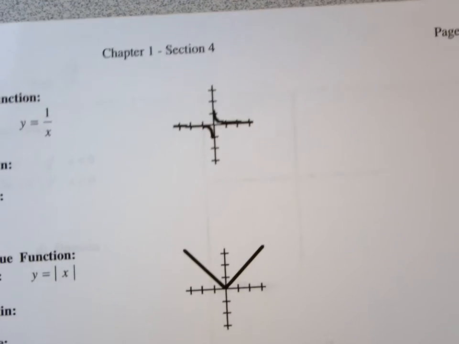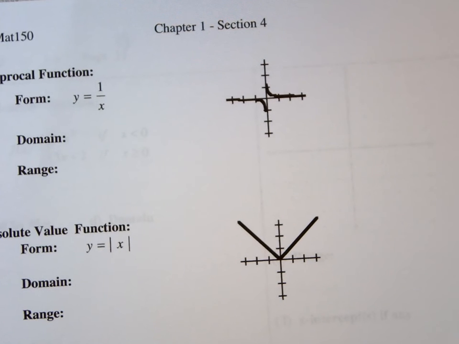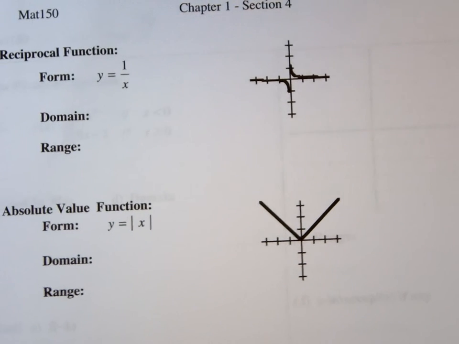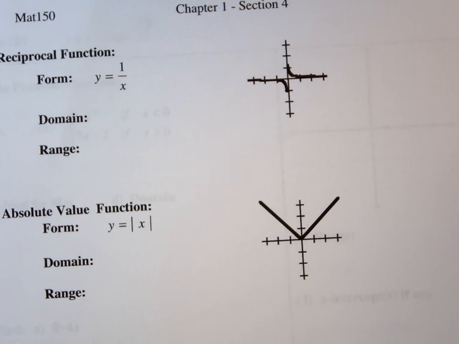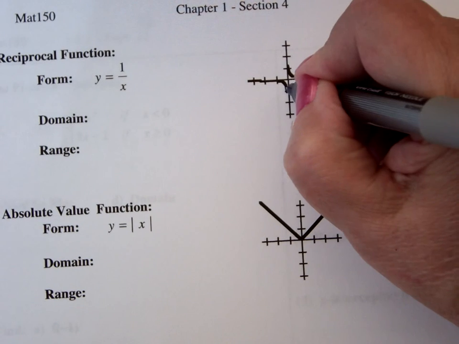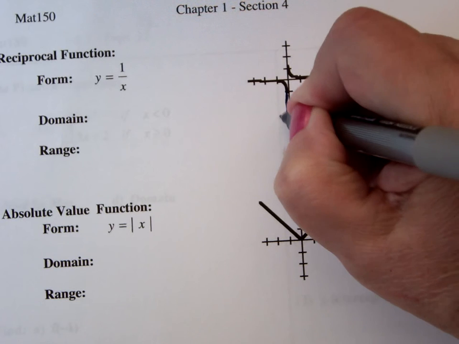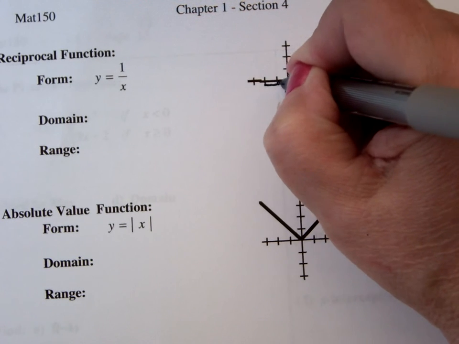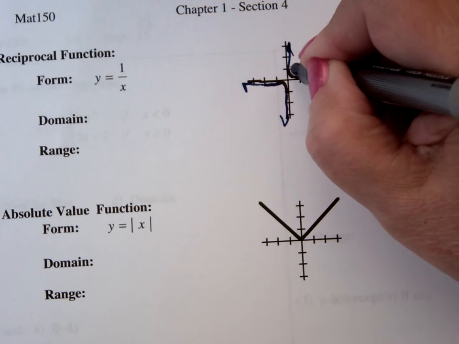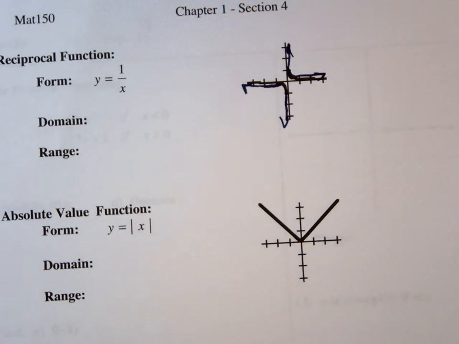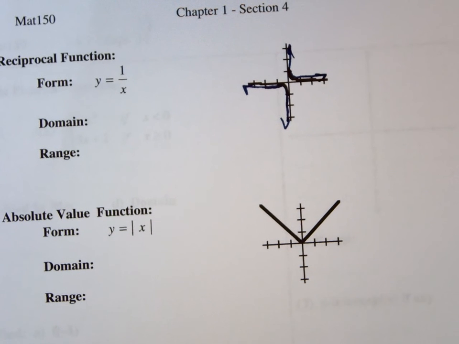And I'll put all these on one video. Reciprocal function. We won't deal much with him until chapter 3. What he actually looks like, if you want to draw him, it's kind of hard to see. That's what he really looks like.